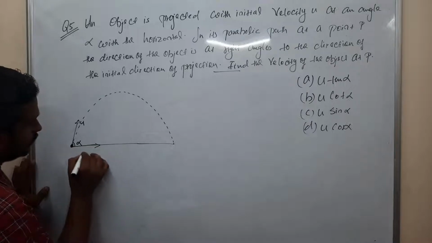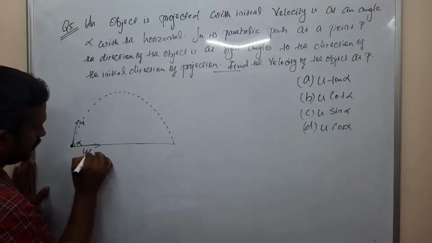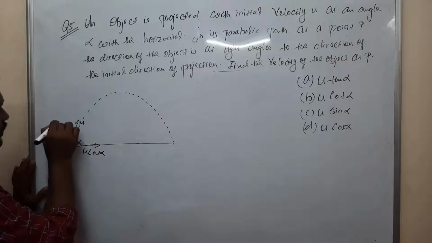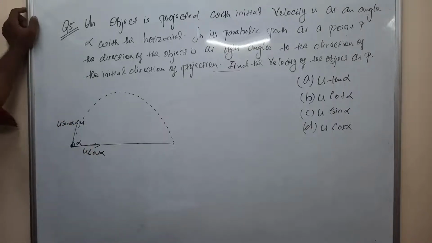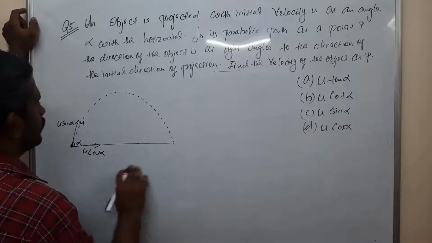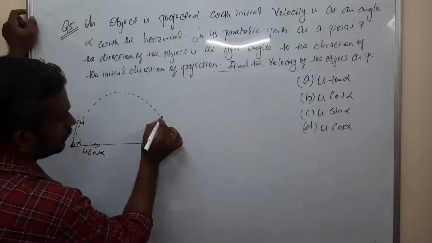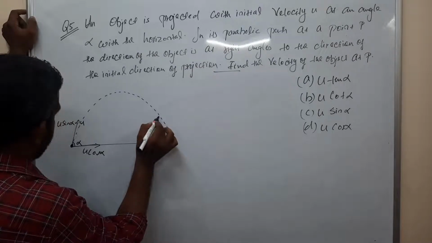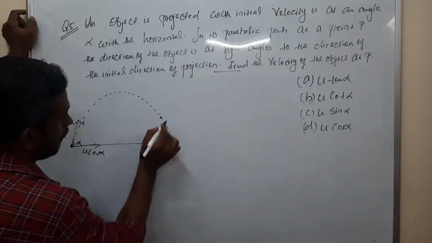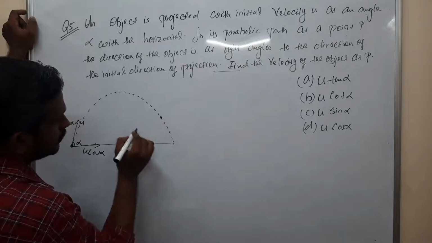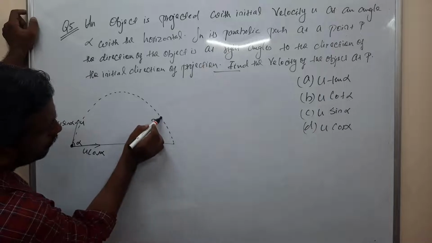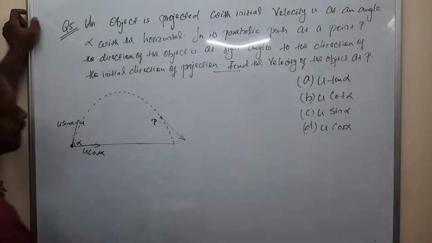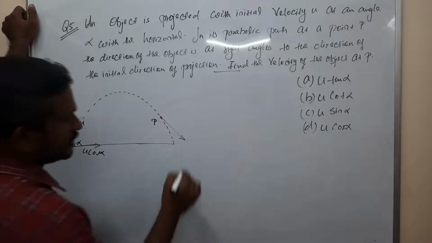So the horizontal component is u cos alpha and this component is u sin alpha. At a point P, the object has the velocity v.